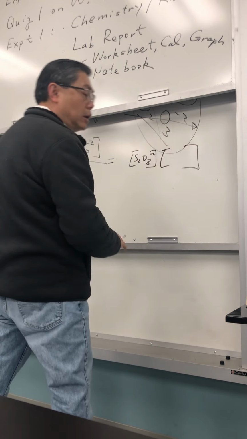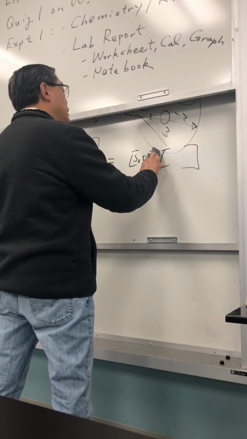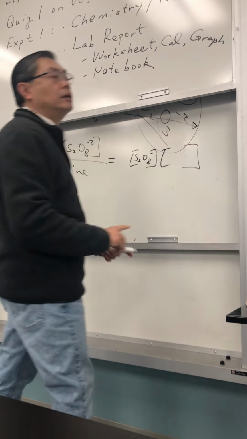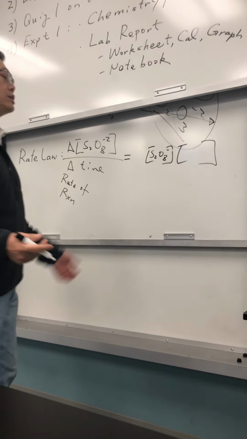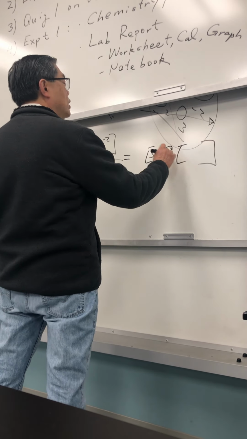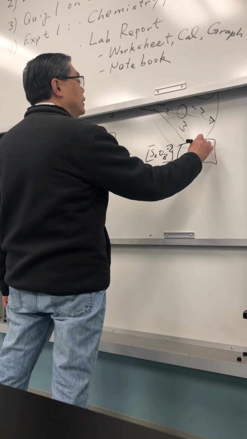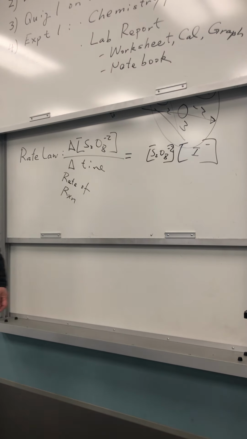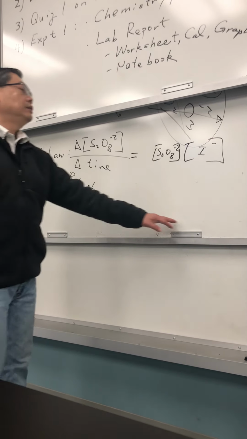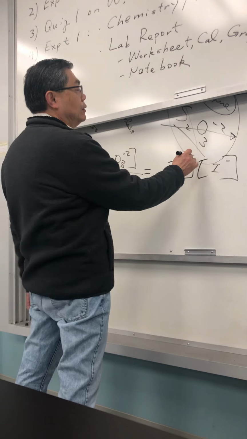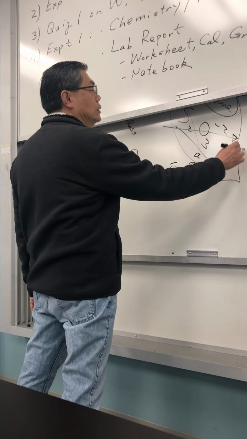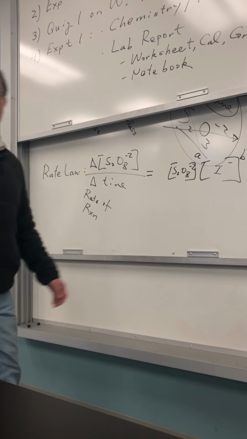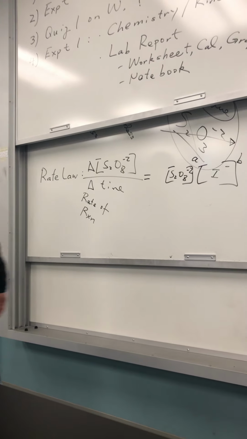So rate law is always your rate of reaction, how fast you can have your reaction. It's always concentration dependent to some power, to some order. So we call order of reaction.